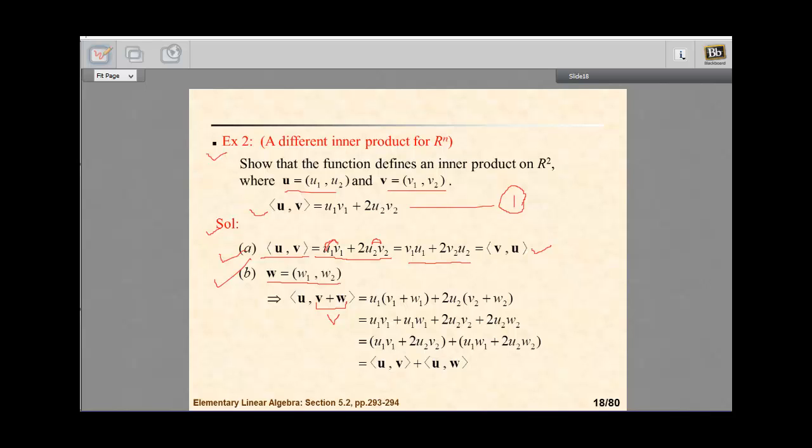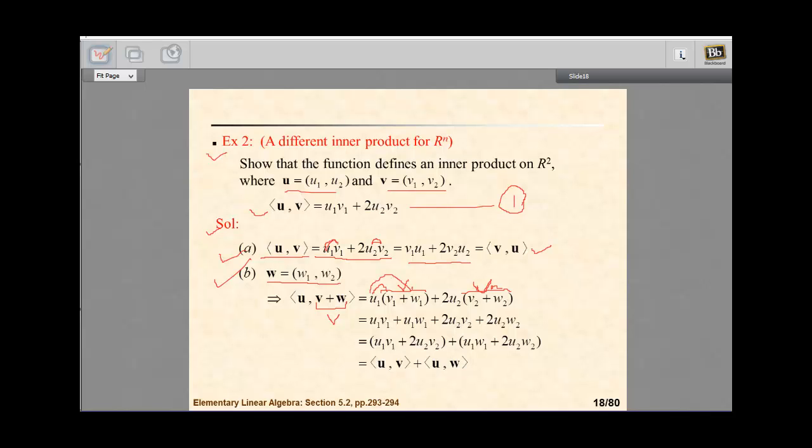So U comma V plus W can be written as, for example, if you assume this part is a capital V, then from equation number 1 we can write U1 capital V1 plus 2 U2 capital V2. So in place of capital V, you can write V plus W, that is V1 plus W1. In this way we can write.